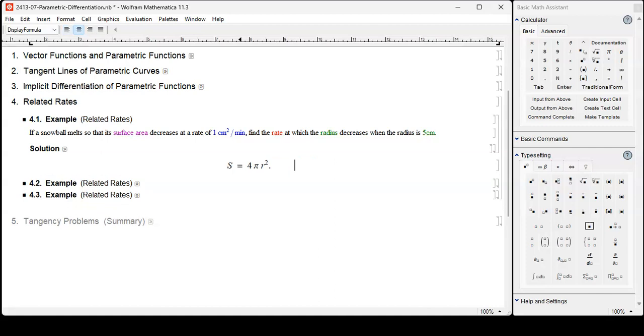So alright, we have this equation, and then let's take the derivative implicitly to find out the second equation. As a matter of fact, this is an explicit equation, so it's pretty simple. Take the derivative, what do you get? Power comes out as coefficient, 8 pi r, and then r prime pops up.